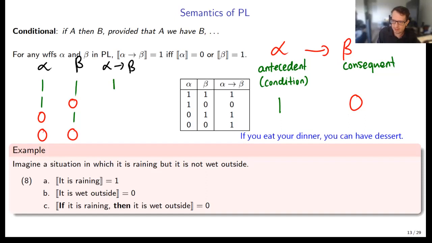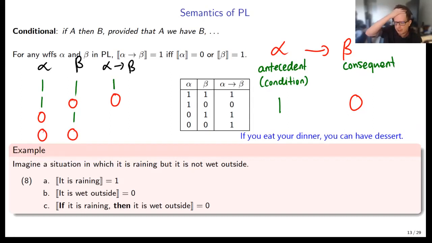If the antecedent happens, the consequent should happen. Therefore, this is going to be false if the antecedent happens and the consequent doesn't. So in the second row, where alpha is true and beta is false, we end up with alpha arrow beta being false.